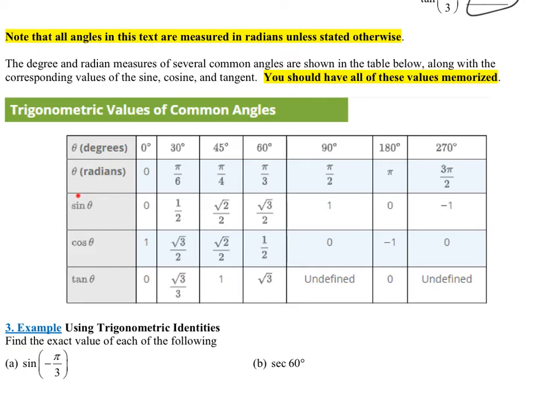Why did they only show these 3? Well, I really only needed to see sine and cosine. I never memorized tangent, because if I know sine and cosine, I know everything. Cosecant is 1 over sine, so just flip whatever sine is. Secant is 1 over cosine, so I just find cosine and flip it. I know tangent is sine over cosine.